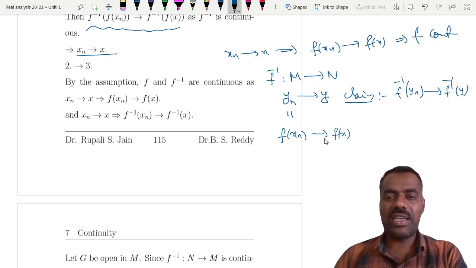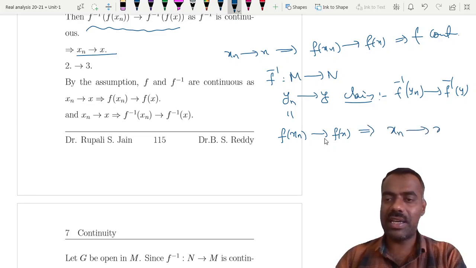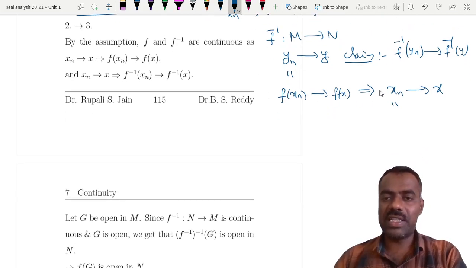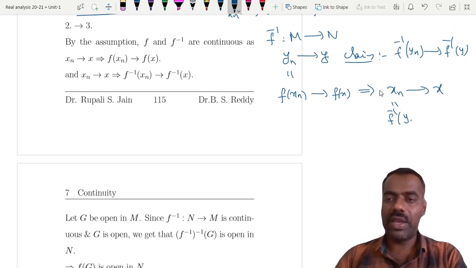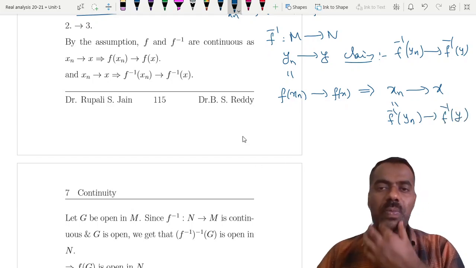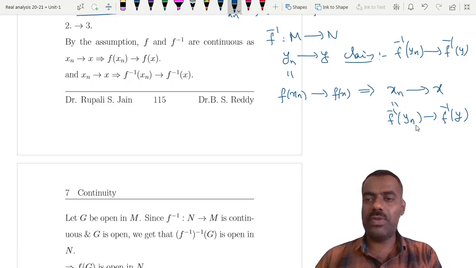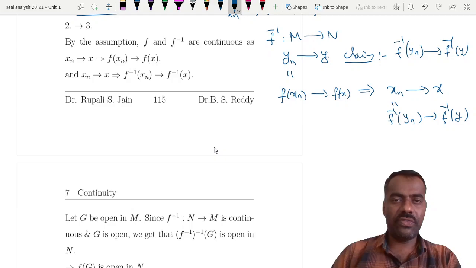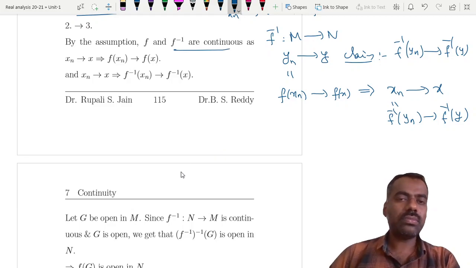So f of x_n converges to f of x, and therefore by assumption x_n converges to x. But if y_n is f of x_n, then x_n is f inverse of y_n, which converges to f inverse of y. So we have proved that if y_n converges to y, then f inverse of y_n converges to f inverse of y. Therefore f inverse is also continuous.